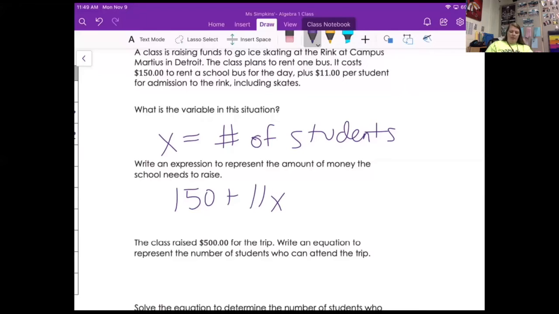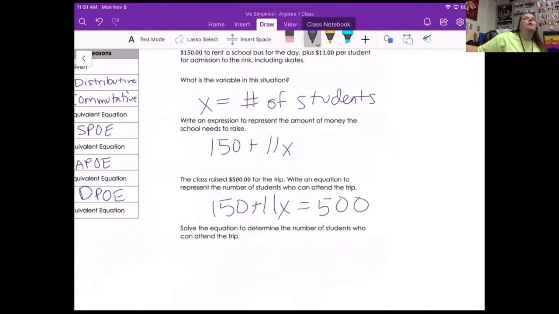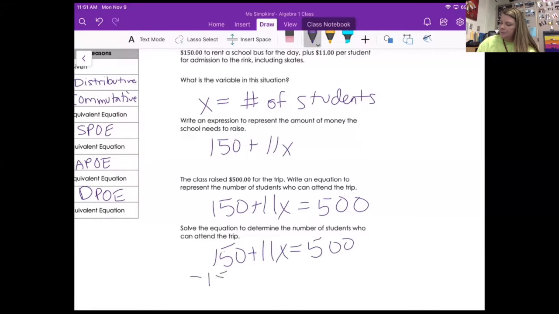So we know that this is going to equal 500. So I'll give you a moment. I want you to figure out how many students I can take on this trip if I have $500 to spend. So if I were to solve this, I would first subtract 150 from both sides to get 11x equals 350.